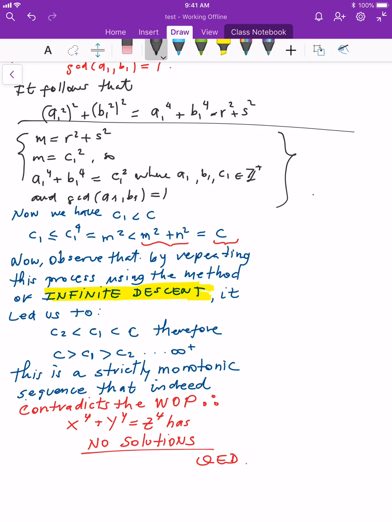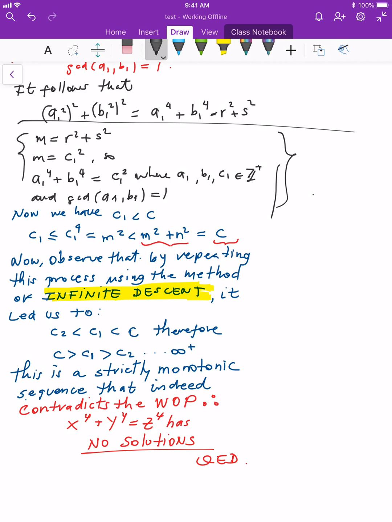m is equal to r squared plus s squared. m is equal to c1 squared. So a1 to the 4 plus b1 to the 4 equals c1 squared, where a1, b1, and c1 belong to the set of positive integers, and GCD of a1 and b1 is equal to 1.